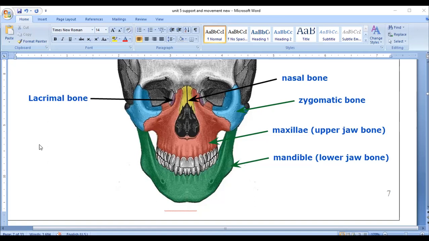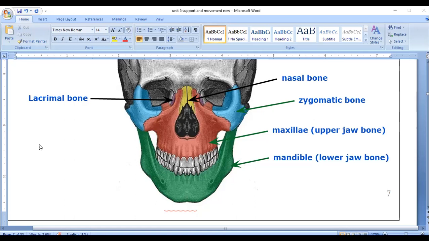Clear? Clear, sir. Now, how many lacrimal bones? Two lacrimal bones, correct? Yes, sir. Two nasal bones, two zygomatic bones, okay?